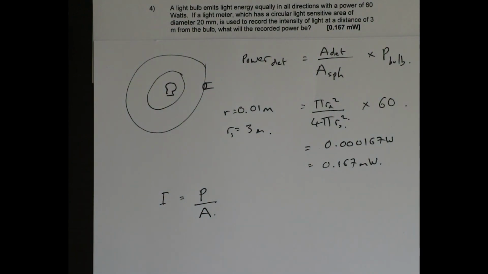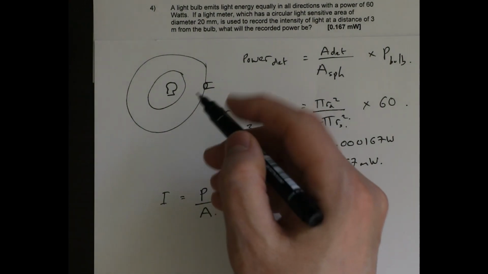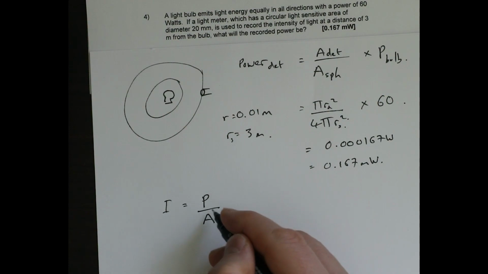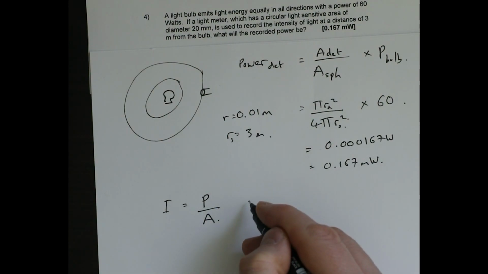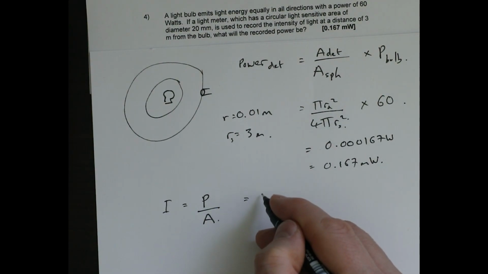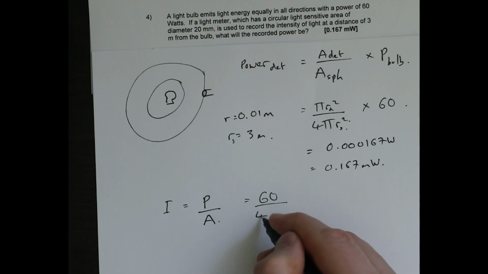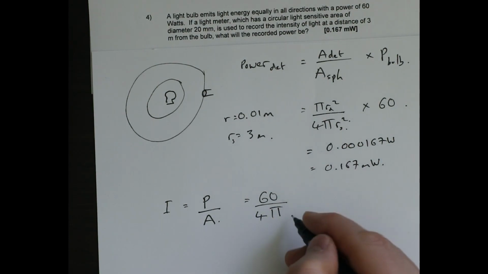So first of all, we can calculate what this intensity is going to be at this distance from our light bulb. At a point 3 meters away, the power is going to be 60 watts as it was before, and the area is this sphere we defined before, which is 4 times pi times r squared.